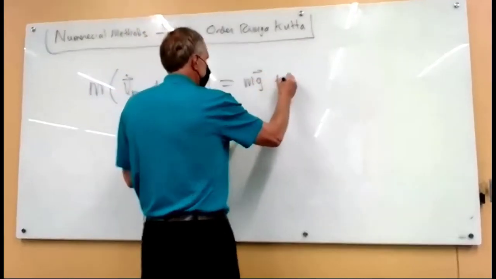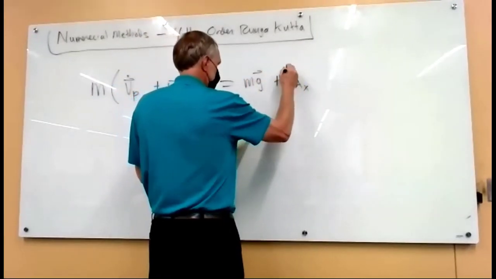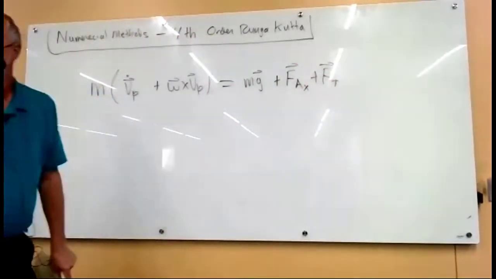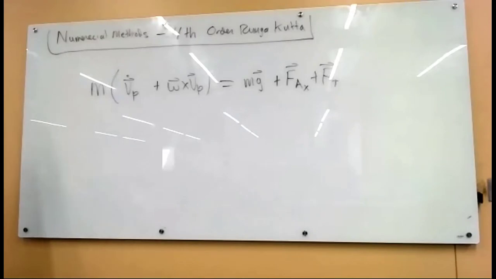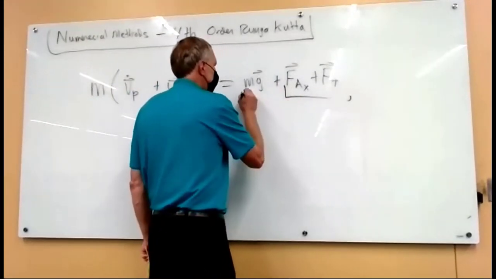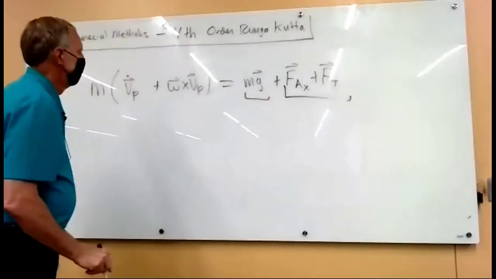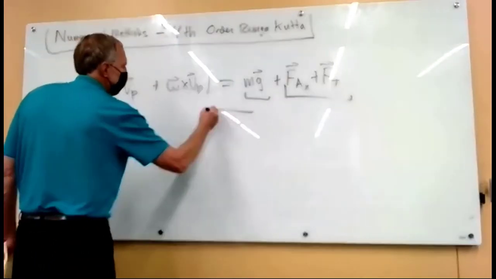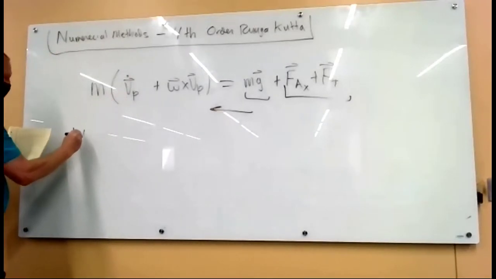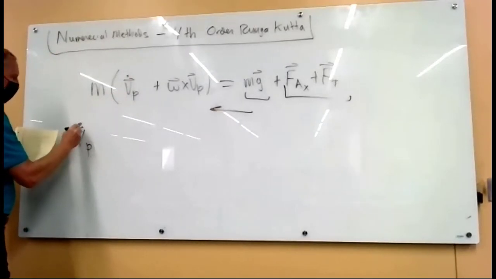There's the gravity vector. There's the aerodynamic, and here's the thrust force. So to do this in MATLAB Simulink, we provide these forces in gravity, and we feed that into an equation that calculates VP dot, and then we integrate that.